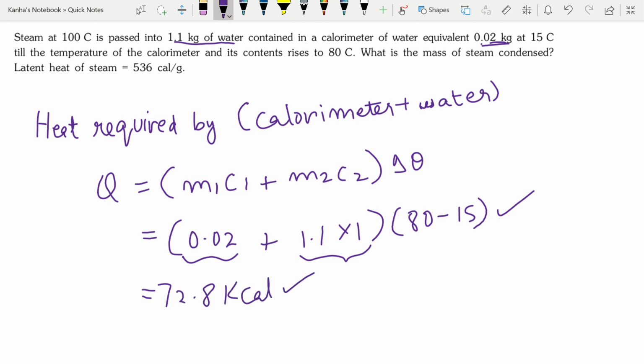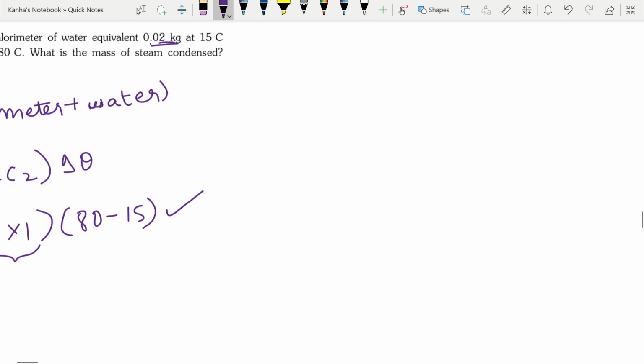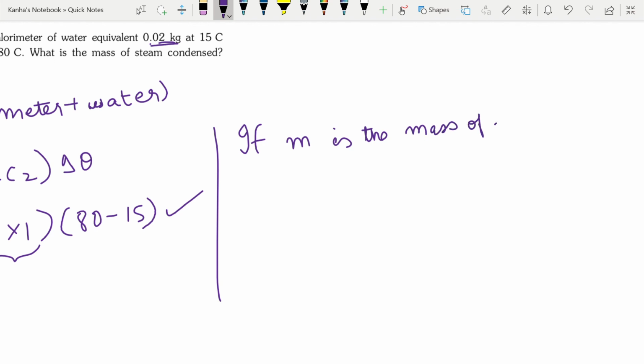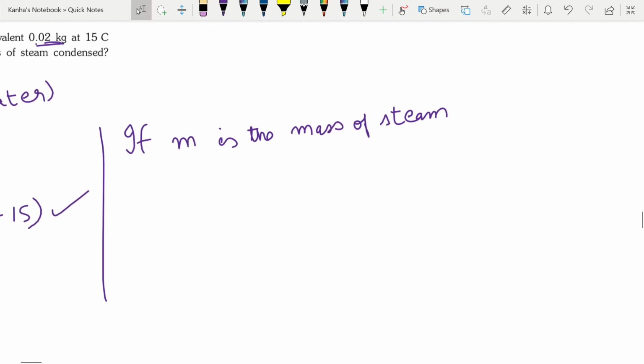Now let's see the next thing. If M is the mass of steam condensed, then what do we have?